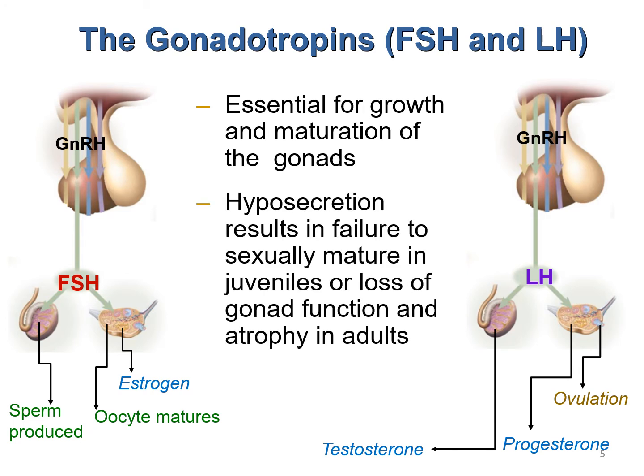In juveniles, hyposecretion can result in failure to reach sexual maturity, and even in adults, after reaching sexual maturity, if gonadotropin levels aren't adequate, there can be loss of function and potentially atrophy, or decrease in size, of the reproductive organs.